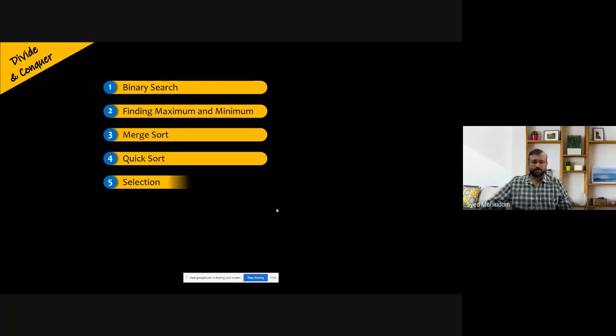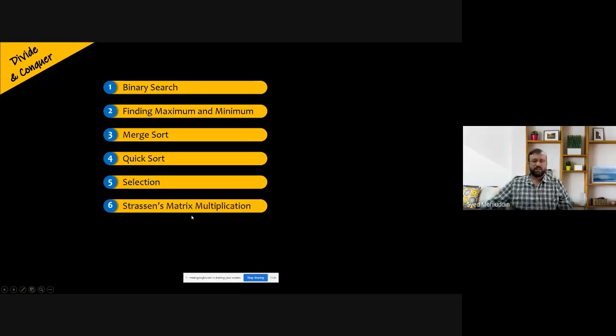And it can be applied in the selection problem. Finding maximum and minimum elements is the same problem we apply for selection, except that instead of finding maximum or minimum, in selection we try to find the kth maximum or kth minimum element.